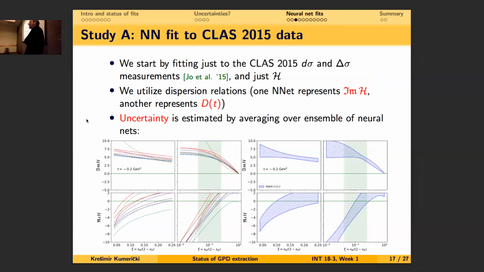It's a pity that some other good knowledge coming from physics is not so easily introduced into these neural network fits. For example, constraints coming from sum rules, like elastic form factors, which GPDs have to obey. I still don't know how to include this, and this is a pity. I would say this would make this method more powerful.